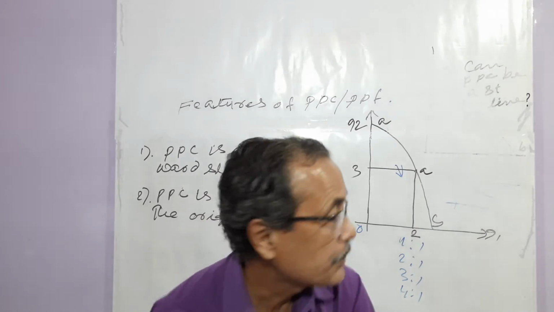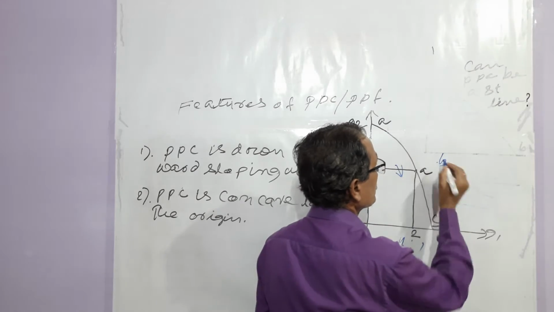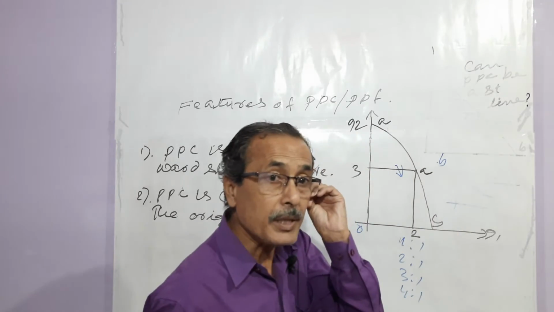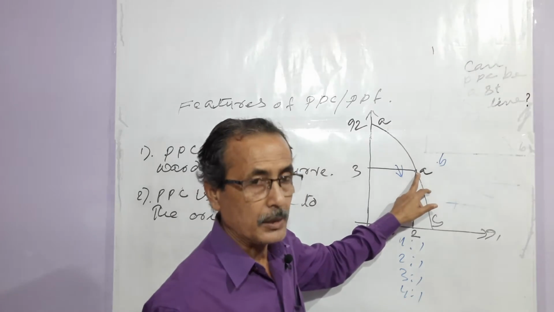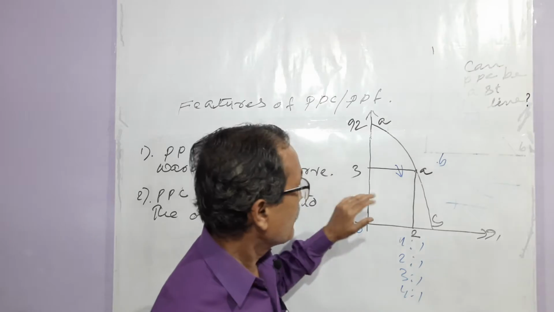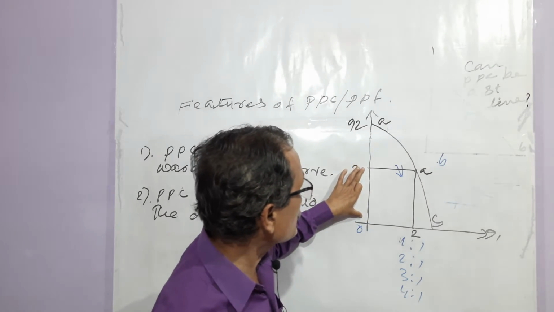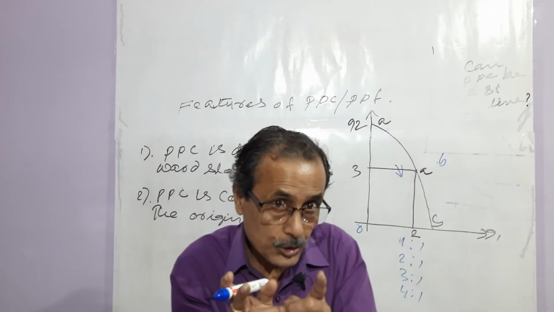Now if you come to this point B, what does it mean? First you are at A. If you are at point A on PPC AB, it means you are producing 3 units of good 2 and 2 units of good 1 with the given resource.